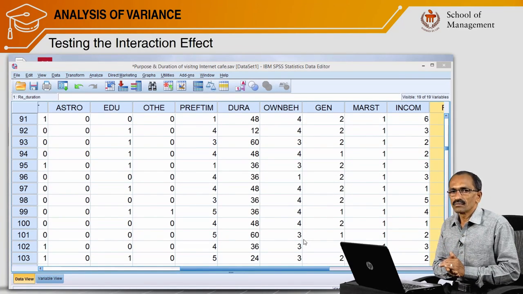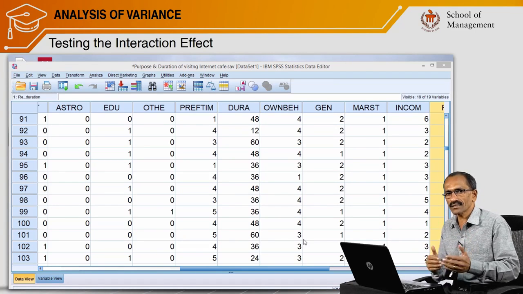Let's assume the case of a multi-brand, multi-chain retailer. They have multiple stores, multiple retail outlets in different localities. Say in Bangalore, they may have 10 retail outlets. In Chennai, they have 7.